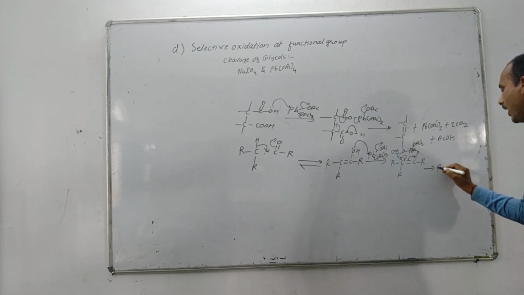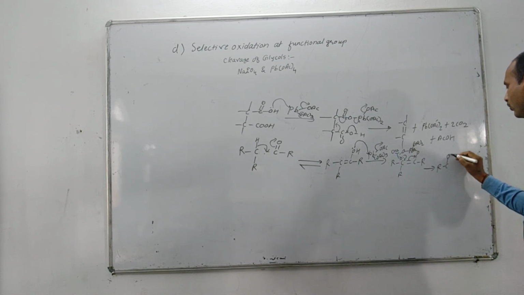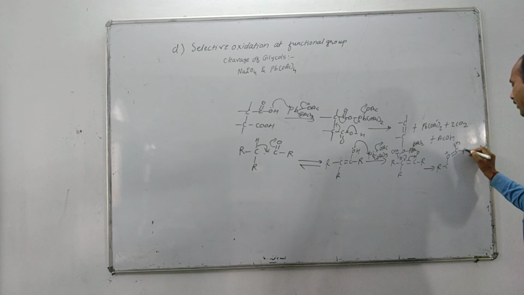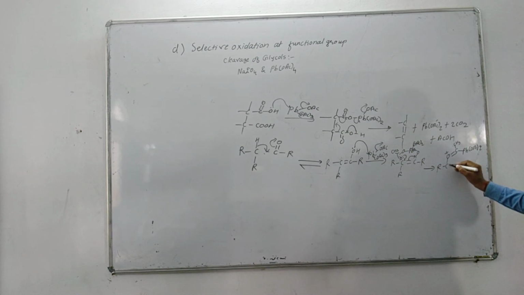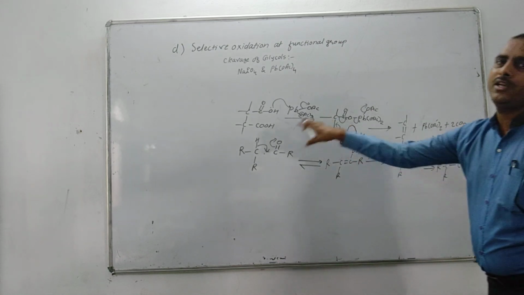Now see here, R C O C double bond plus CH3, Pb(OAc)2, and here is R C double bond O, again formation of a carbonyl compound.